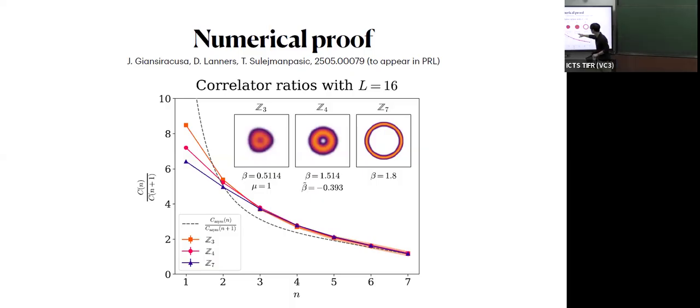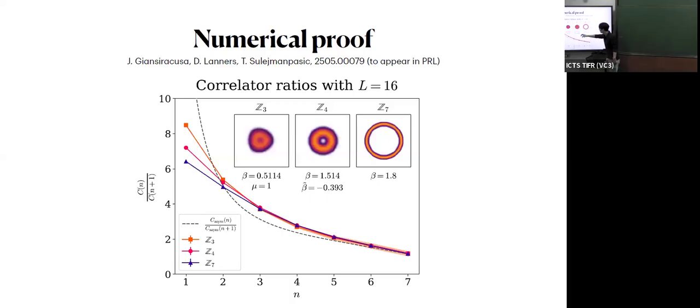Yeah, these labels are just the actual deformation parameters. So in Z7, there's only one parameter that these authors worked with. They only worked with one coupling. And that's because for n greater than or equal to 5, it wasn't necessary to introduce another coupling to find the Coulomb phase. So you just find it tuning one coupling.